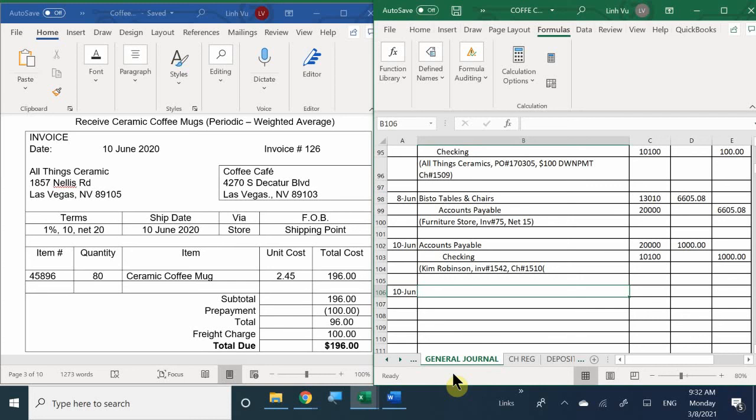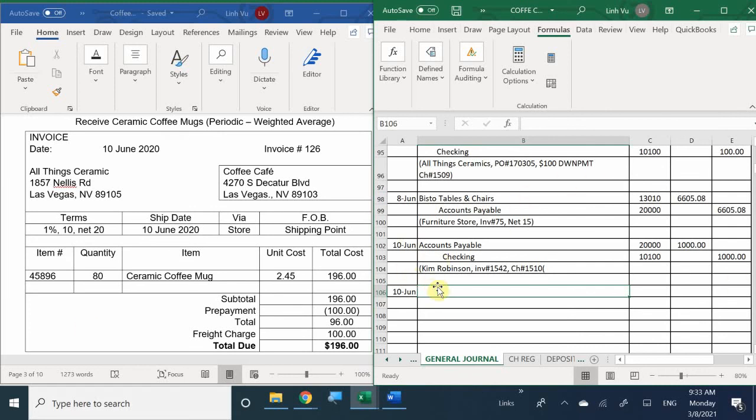However, you got a freight charge for $100. So in this case, the amount that is due is now $196.